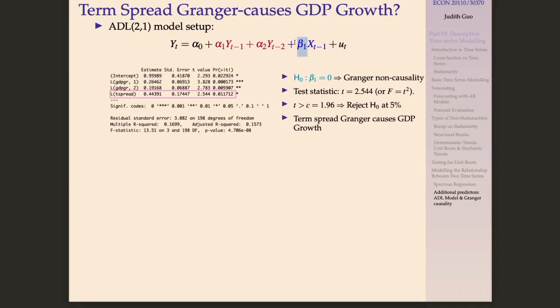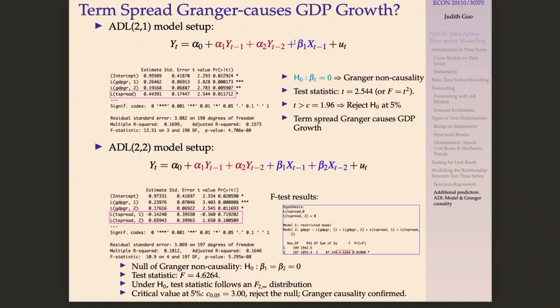Or we can compute the F statistic, which is the square of the T. Given that the T is 2.5, that is greater than the conventional critical value at 5%, which is 1.96. So since the T statistic is greater than 1.96, we reject the null. So the term spread thus Granger causes GDP growth.